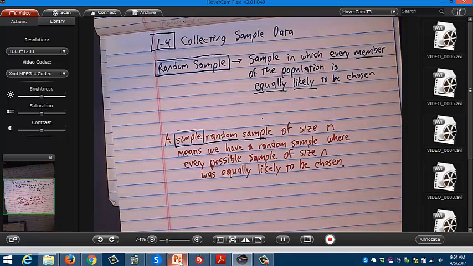And that might at first glance seem like almost the same thing I just said up above.